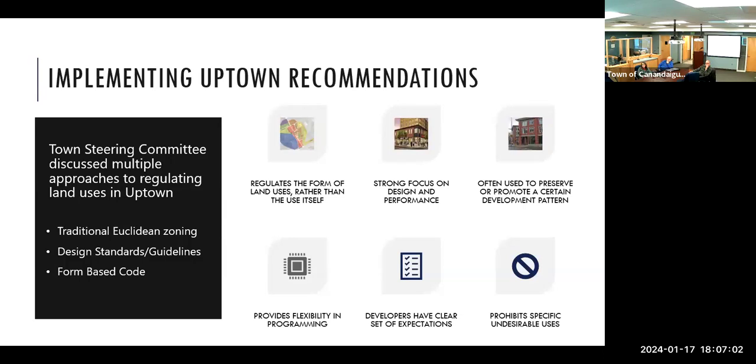Ultimately, many of the folks on the steering committee that worked on the master plan were also involved in the steering committee for the form-based code. Early in that process, as we were starting to look at rezoning consistent with that character area map, we looked at a variety of options. We looked at Euclidean zoning, traditional district-based zoning like you've always had in the rest of the town, and we talked about pros and cons of that approach and why it would or wouldn't help support those goals for the uptown corridor.